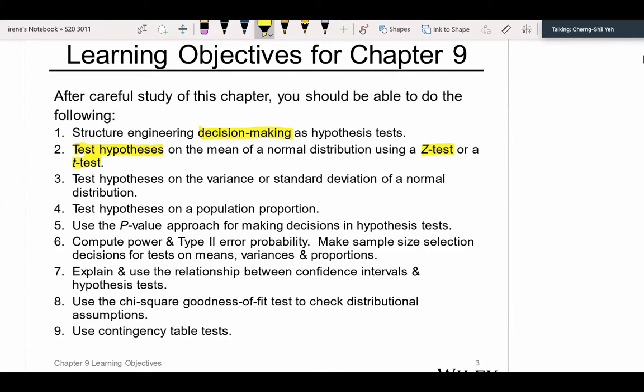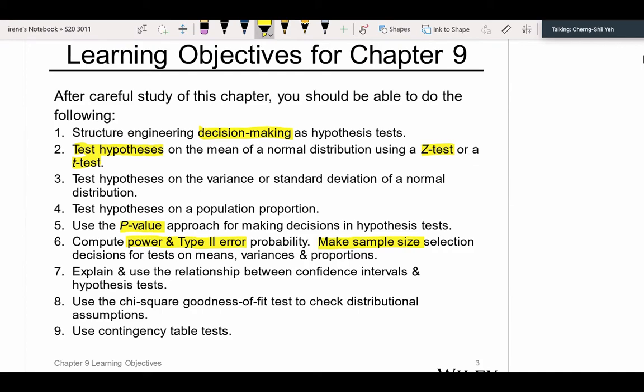Number 3, we will not go over the hypothesis test on variance and standard deviation. Or number 4, population proportion. But we will show you how to use the p-value to make a decision. We will show you how to calculate power and errors, because it is important to choose your sample size properly to address the risks of making a mistake.